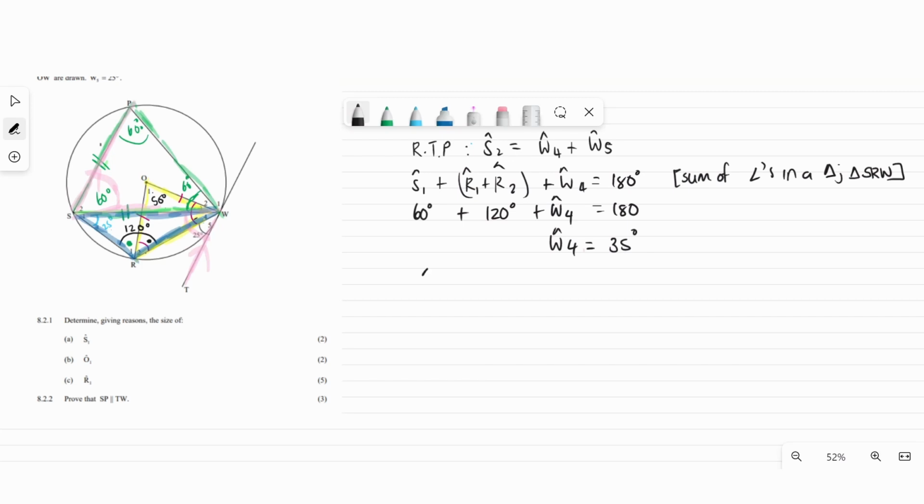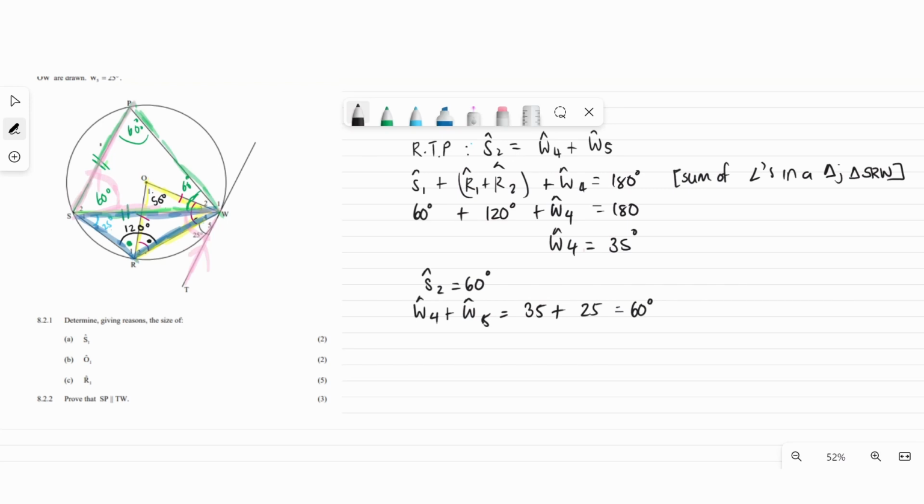What did we require to prove? That S2 is equal to W4 plus W5. Now S2 is equal to 60 degrees. W4 plus W5 is equal to W4, which is 35, plus W5, which is 25, which is equal to 60 degrees. What do we see?